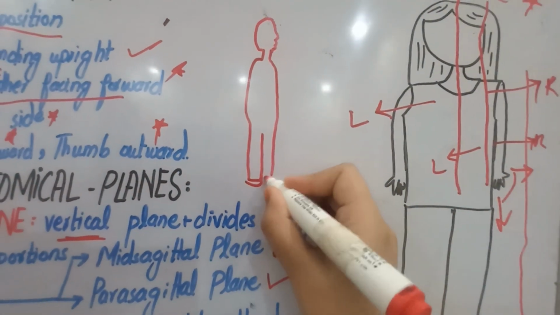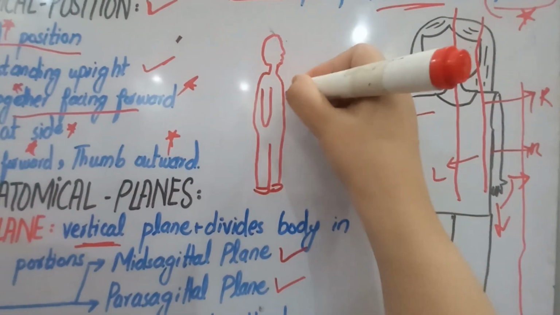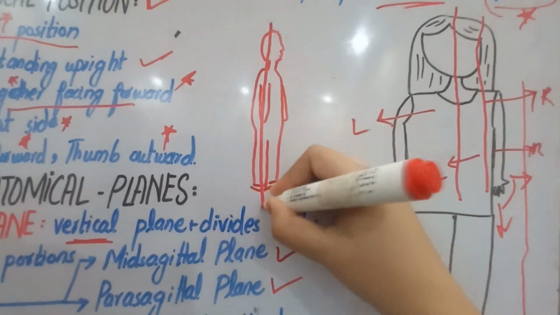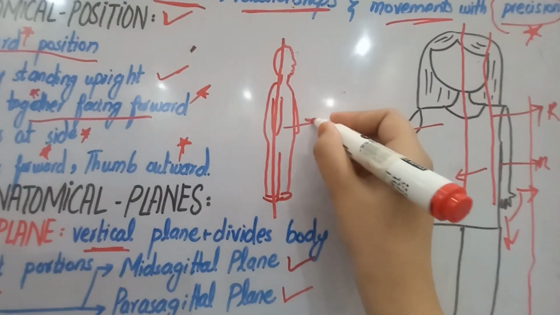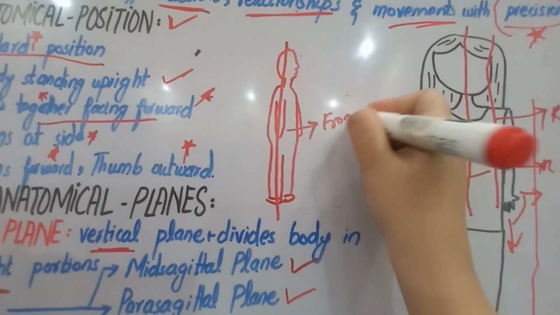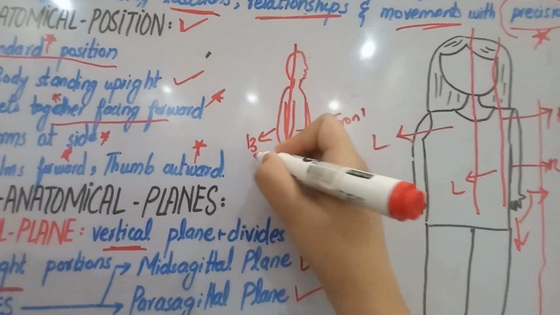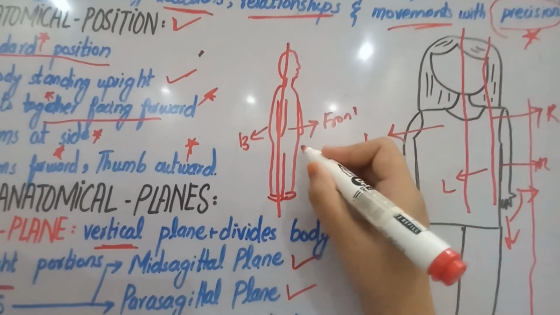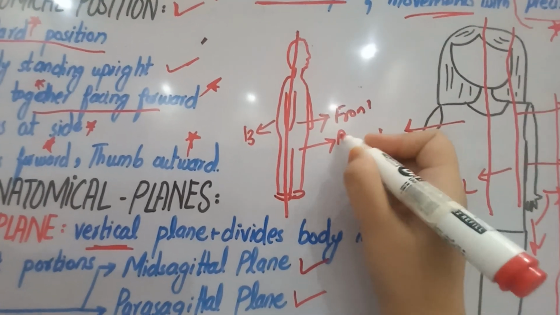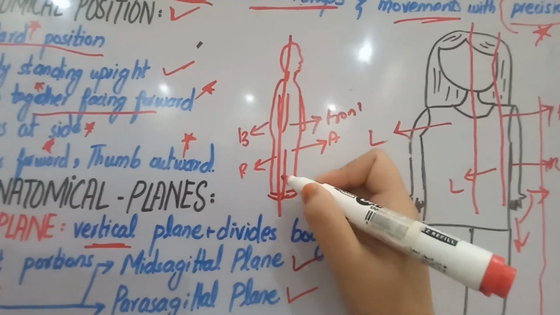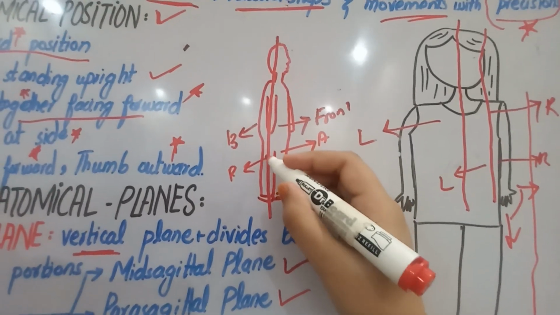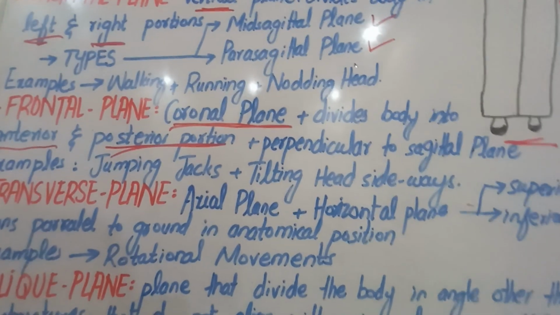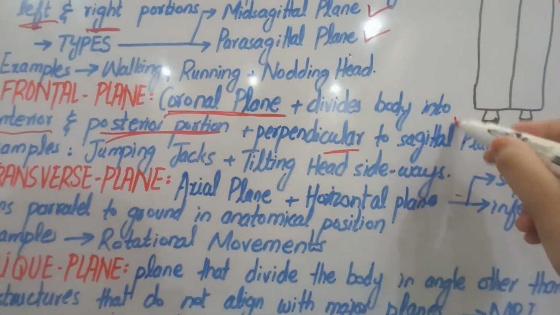Sorry for the diagram, but if we divide the body in this way, half the body is the front portion and half is the behind portion. That type of plane is called the frontal plane, and we can also say it divides the anterior portion of the body and the posterior portion of the body. It is perpendicular to the sagittal plane.